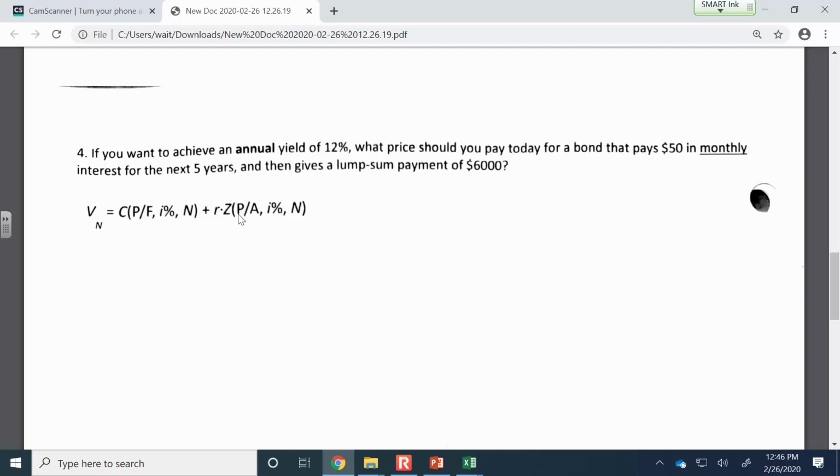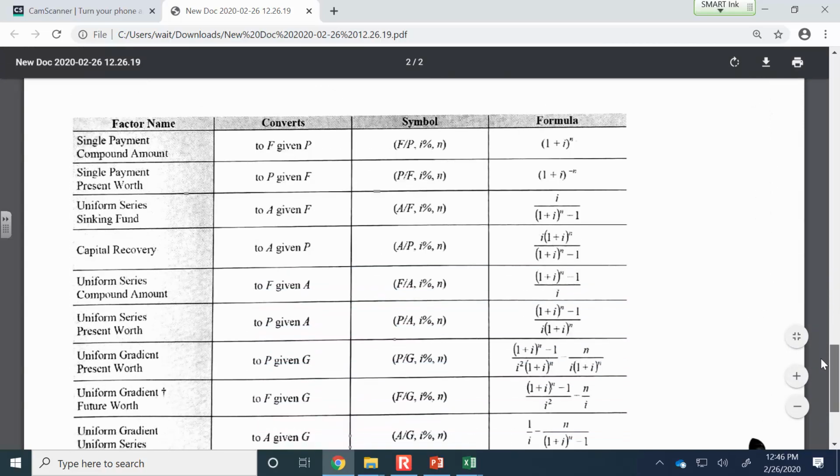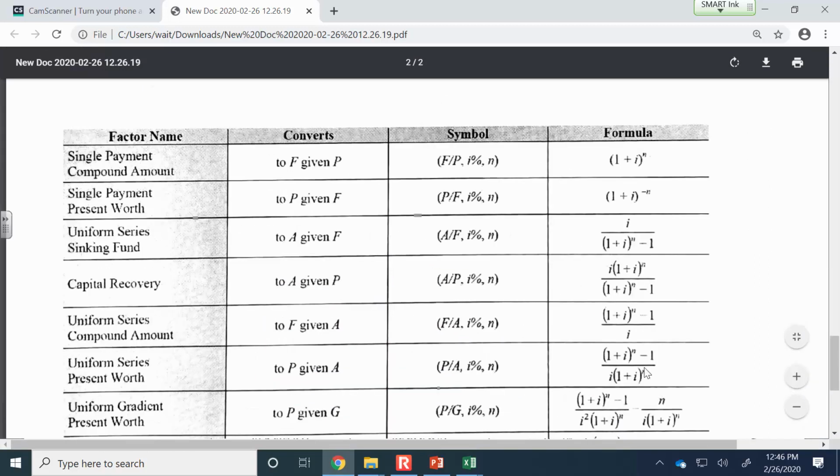And so what you've got to do is calculate the factor. So down here are the equations. We need to use the P/A equation, and we're also going to need to use the P/F equation, which is this one.